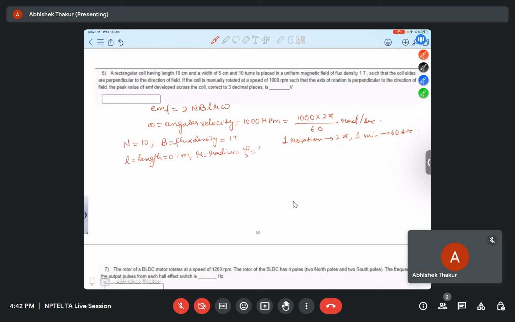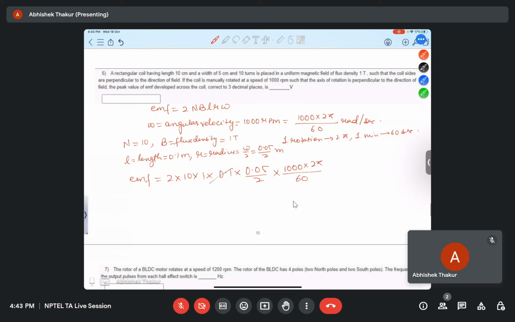So that will be 0.05 by 2 meter. So now substitute all the values. EMF is equal to 2 into 10 into B is 1, L is 0.1, R is 0.05 by 2, and omega is 1000 into 2 pi by 60.